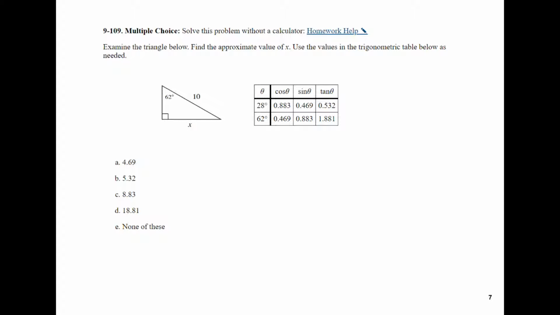If I have 62 degrees, I know that the opposite over hypotenuse, so the sine of 62 degrees, is equal to x over 10. Sine of 62 degrees is 0.883, times 10 would be approximately 8.83, which is C.